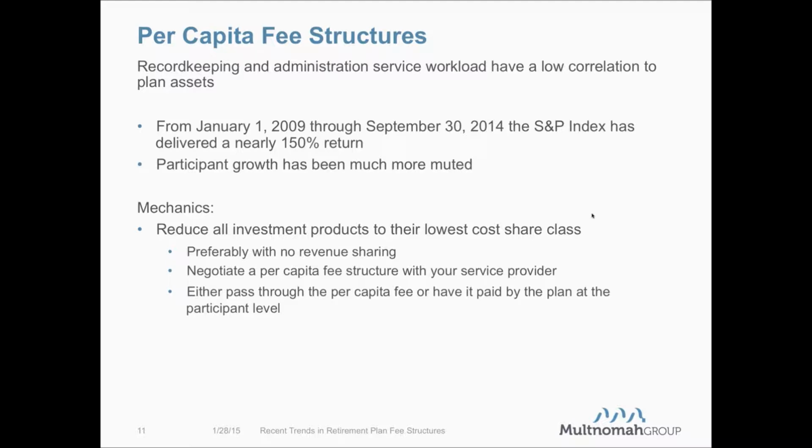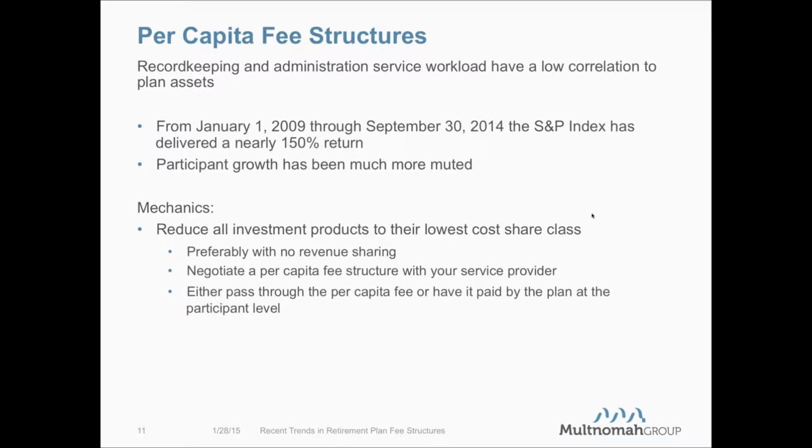So preferably if you can find products with no revenue sharing, that's great, because then you can get down to a strict per capita expense, again, whether it's paid by the plan or whether it's paid by the plan sponsor, either of which is workable. You negotiate a per capita fee structure with your service provider, and you're able then to either pass those expenses along or have them paid at the plan participant level.